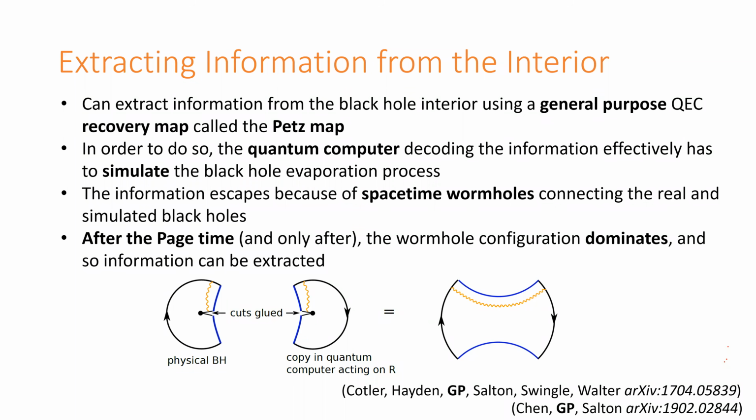And when you do the path integral, if you include wormholes that connect that simulated copy of the black hole to the actual real black hole, then you get the right answer: after the Page time, this general purpose reconstruction does its job and manages to reconstruct the interior. And if you're before the Page time, it doesn't.